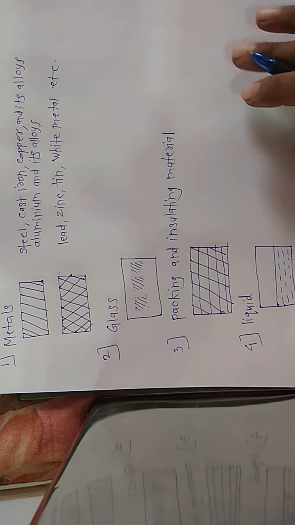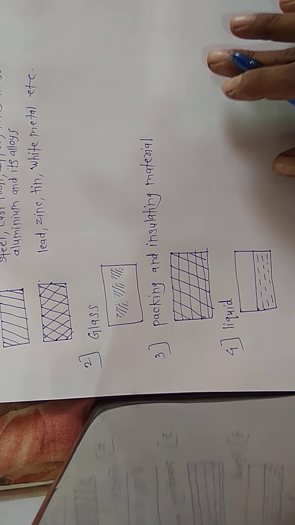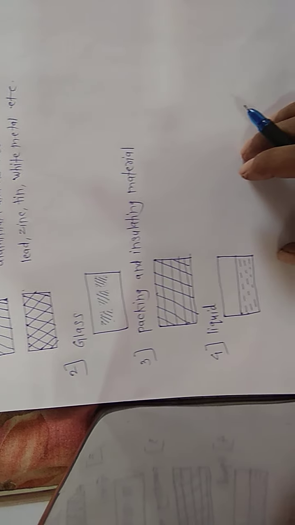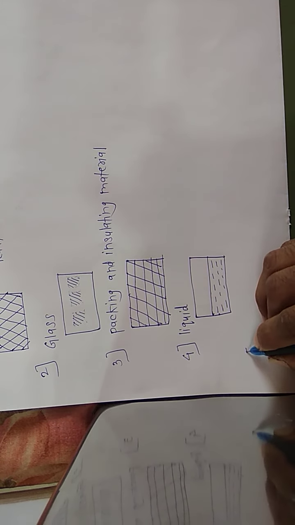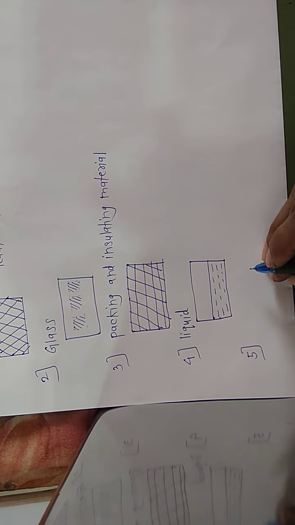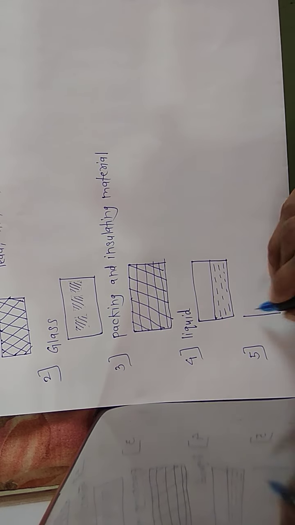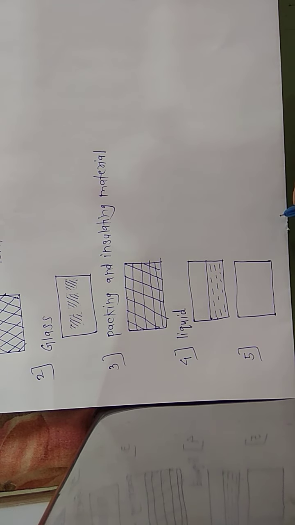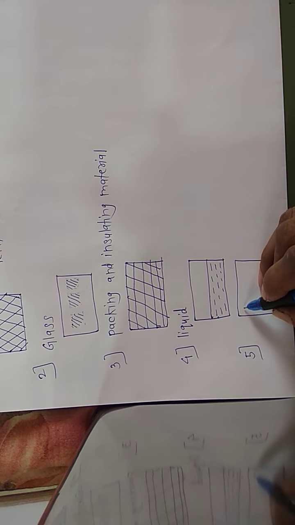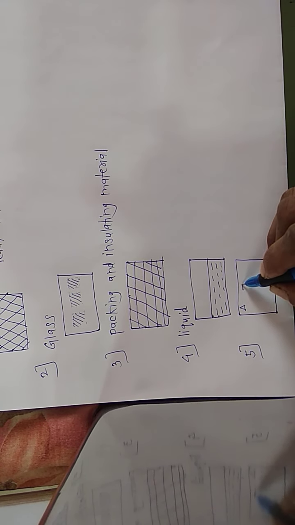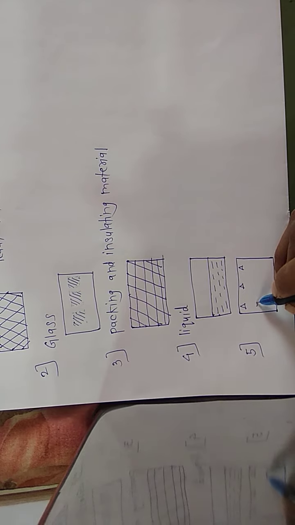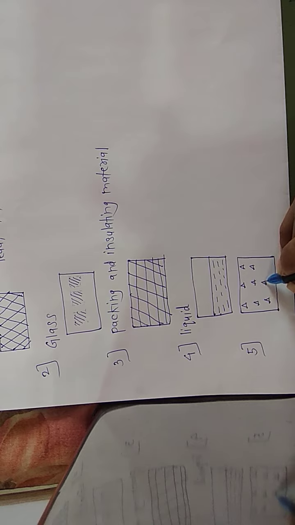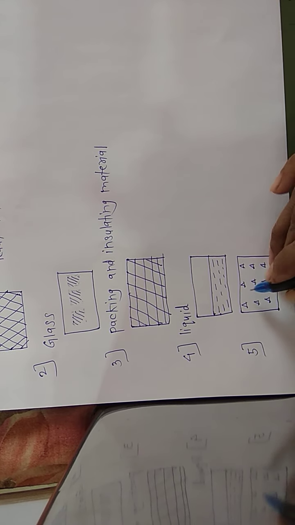Now for concrete, the conventions are very simple. Again draw the rectangle, draw some small triangular portions, and draw some dots.